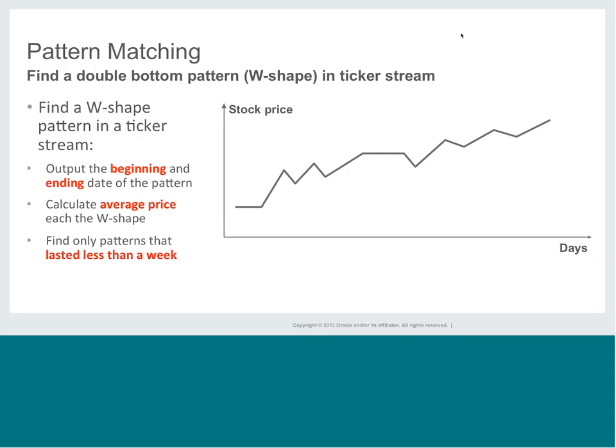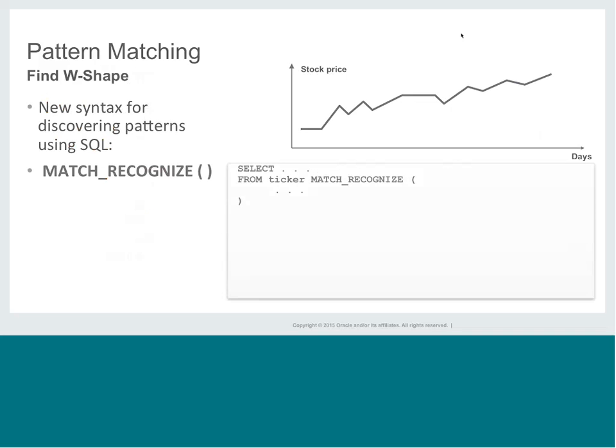And most importantly, I want to add a further refinement that I'm only interested in pulling out patterns that last, say, less than a week or more than a week. So there's additional filters that we can apply. So that's the little use case that we're going to work through.